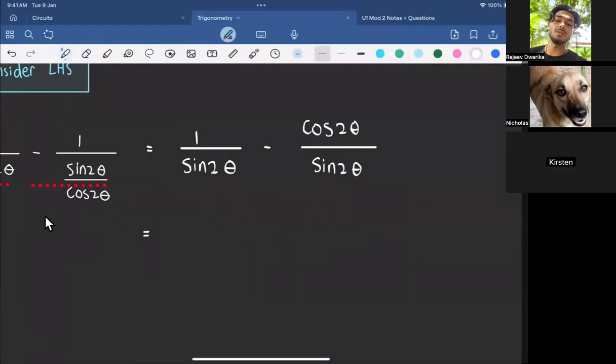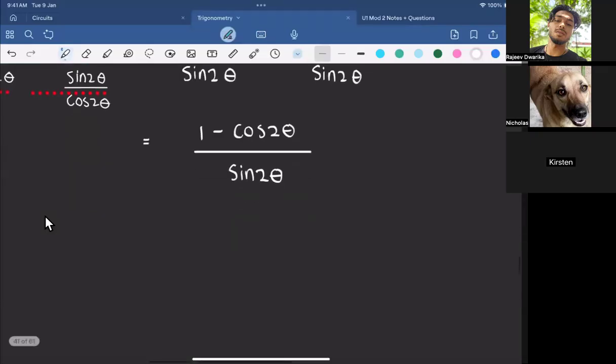So what am I going to write? Alright, so you're putting everything over sine 2 theta. And for the numerator, yeah, that's what I was going to do. Nice.